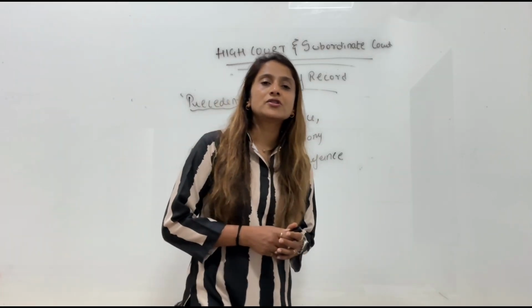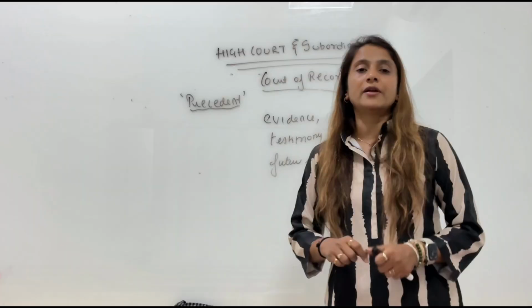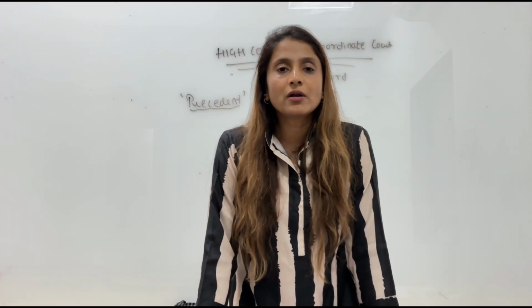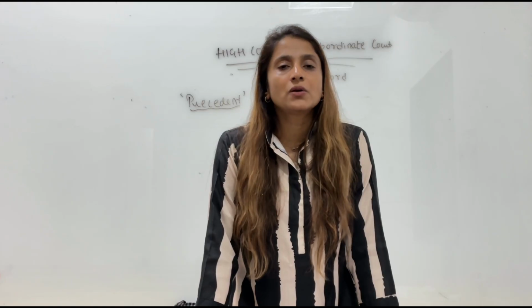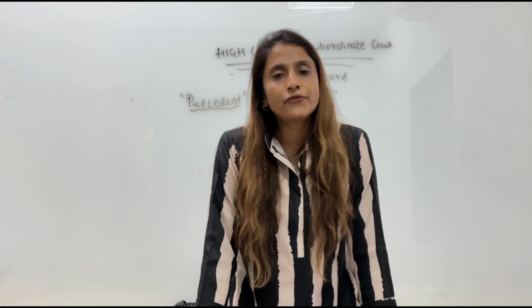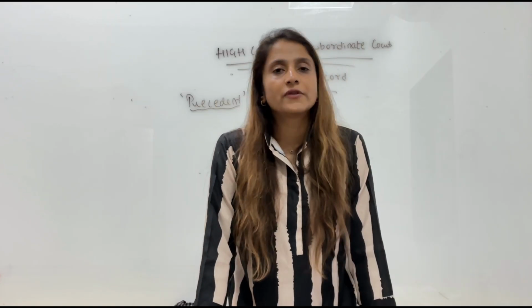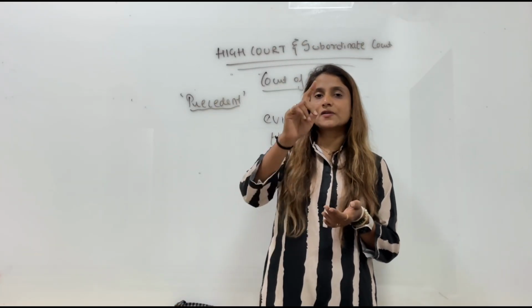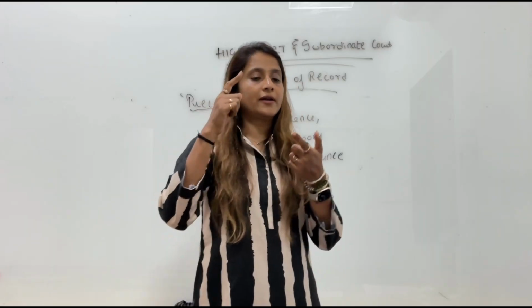Also, High Court judgments are recorded, please underline that point, so that a person can be punished for contempt of the court. So that was court of record. Why are the High Court's judgments recorded?